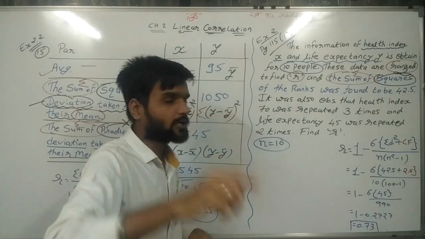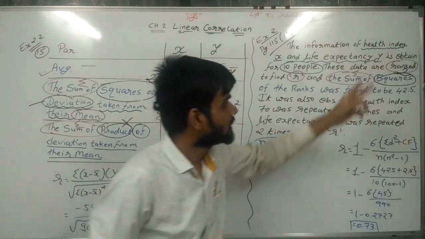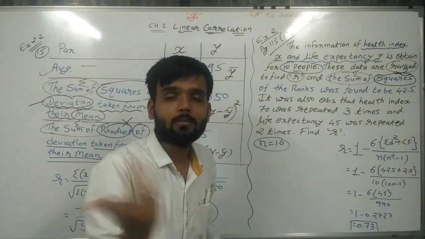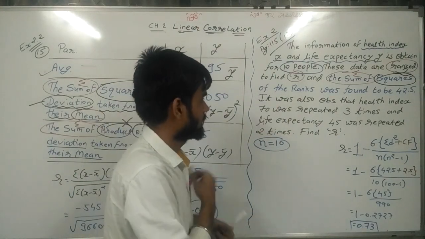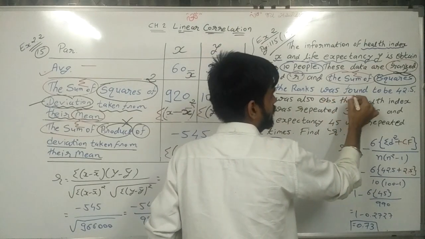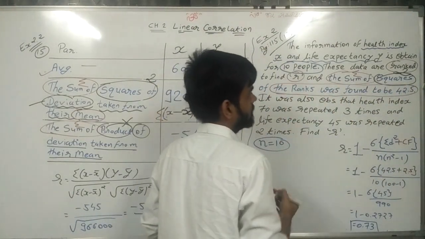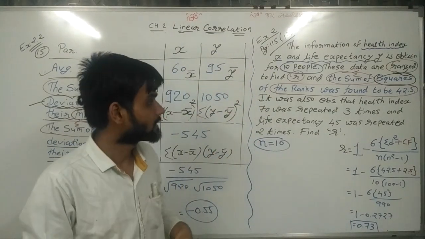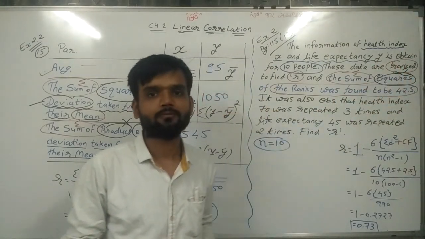Try to understand: the sum means sigma, square means raised to 2. But the ranks was found to be 42.5.